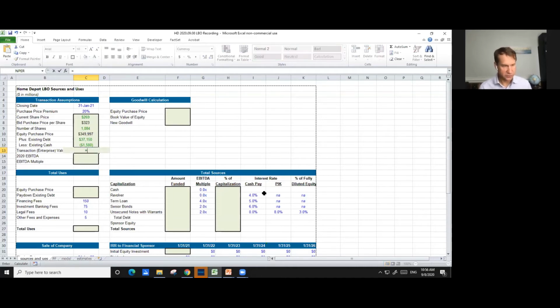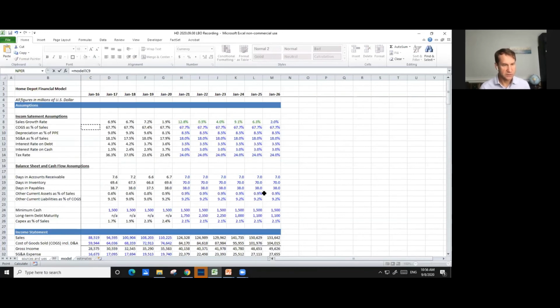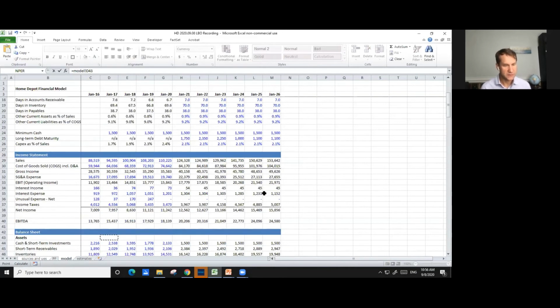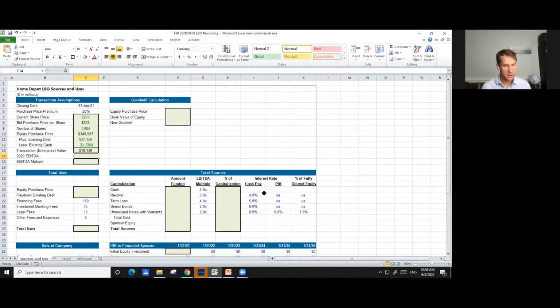EBITDA, this is just for reference, 2020 EBITDA is 18 billion, and the multiple is transaction value divided by EBITDA. So it's 21.3. Let's do goodwill right away here.